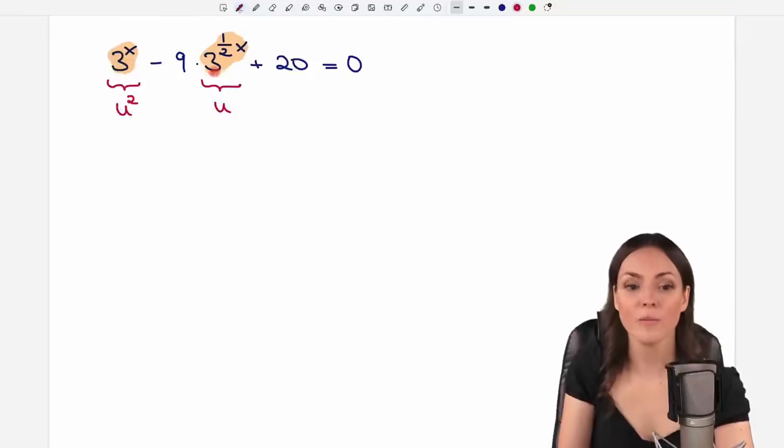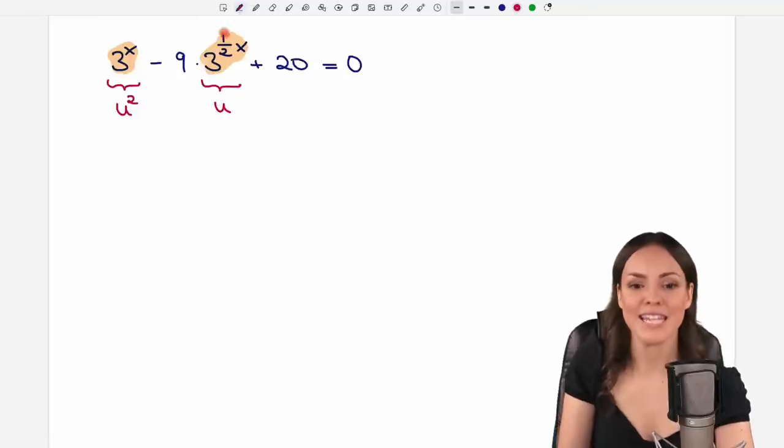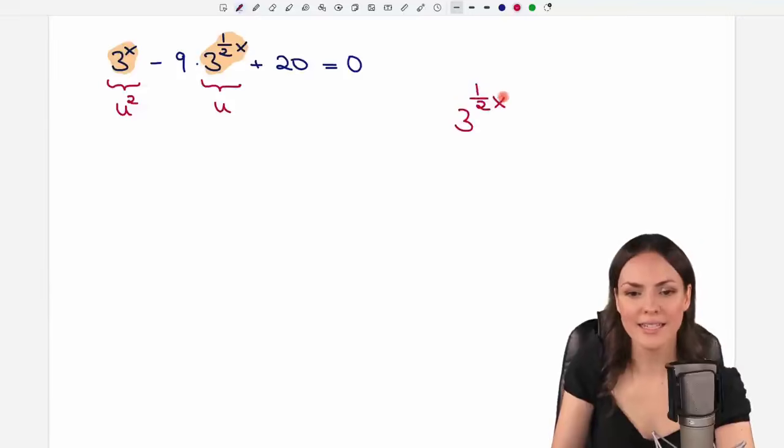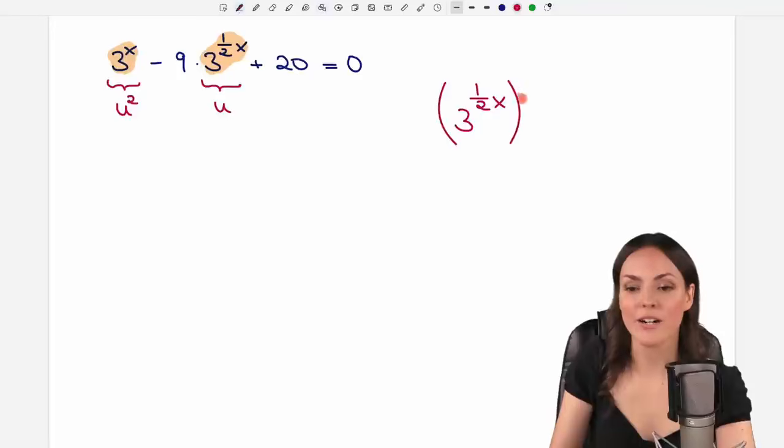If this is your U, then this thing here is your U squared, because this exponent is twice as large as this one. And if you don't believe me, we can just prove it. So just take your U expression. So let's do it here. That we have 3 to the power of 1 over 2x. And if we square it now, we want to get this as a result so that we know that this works out here. So let's take this, let's square it and see what we get.